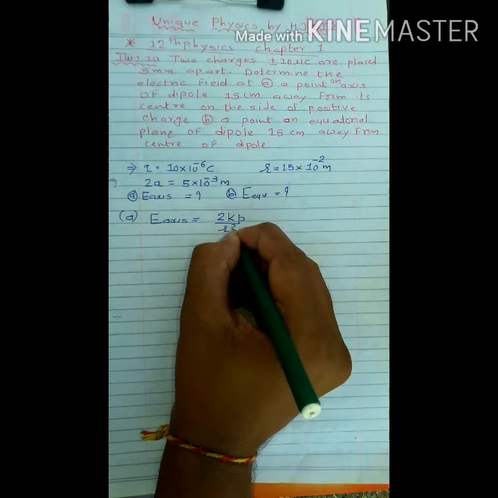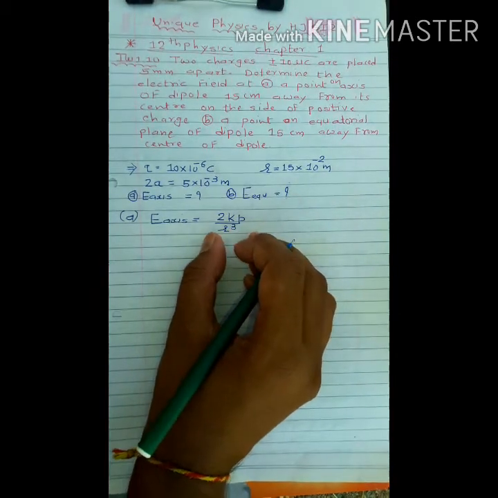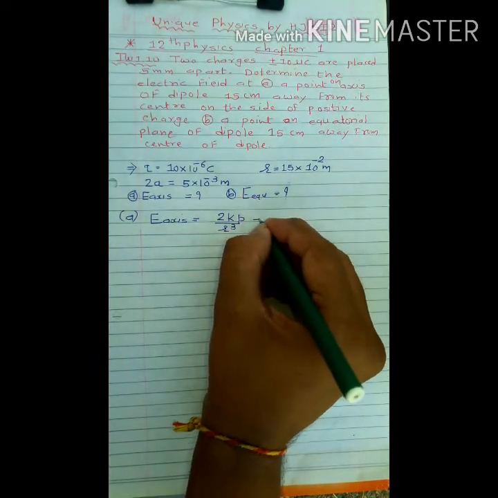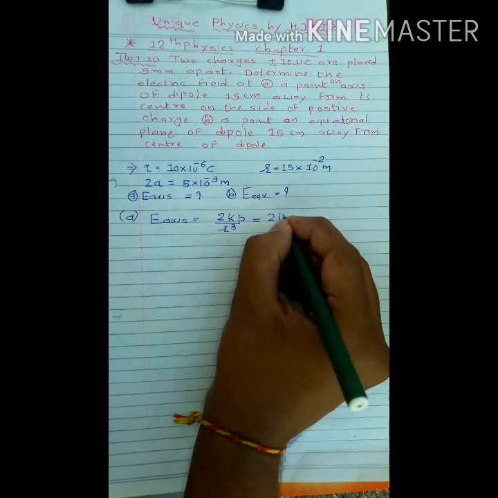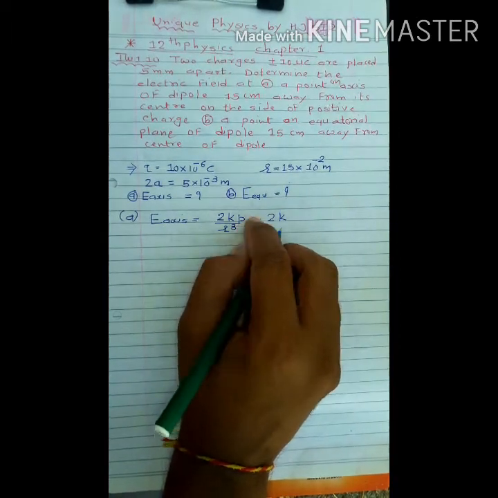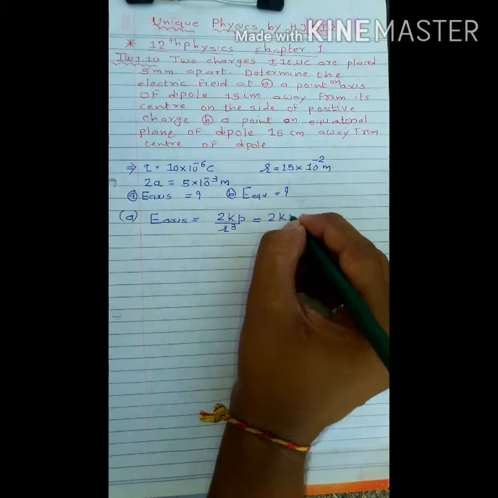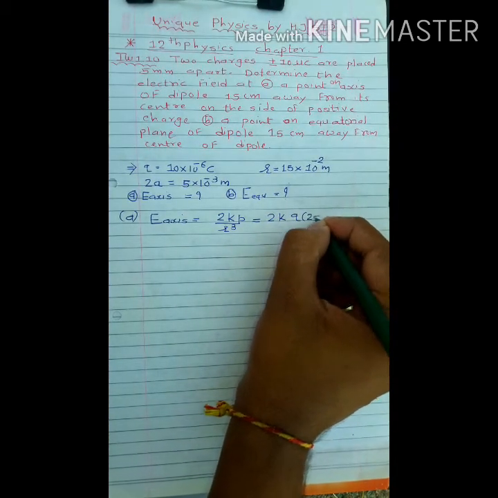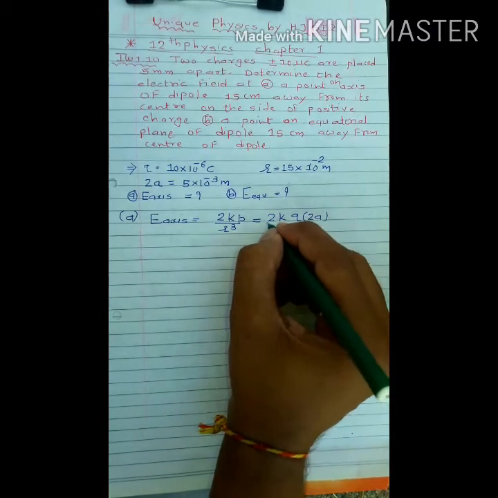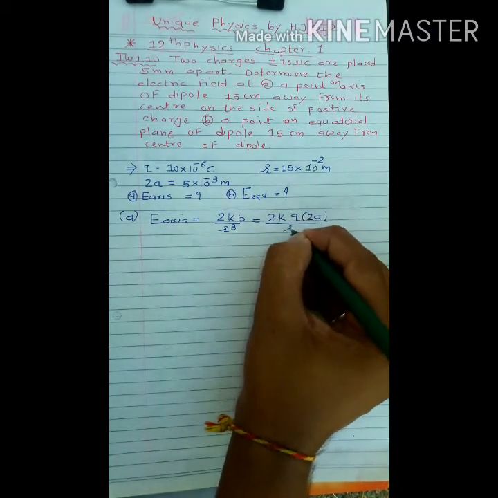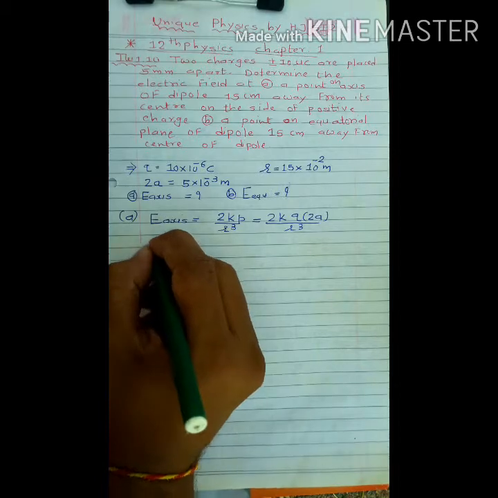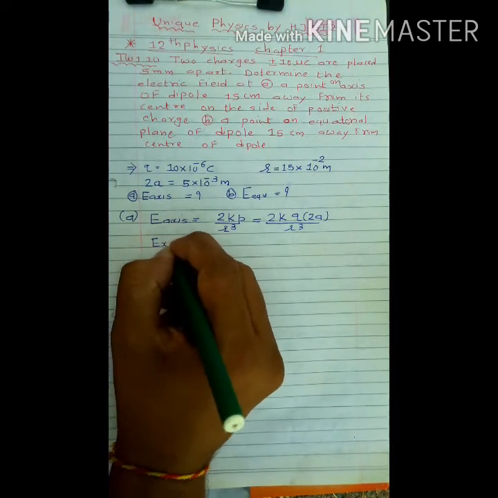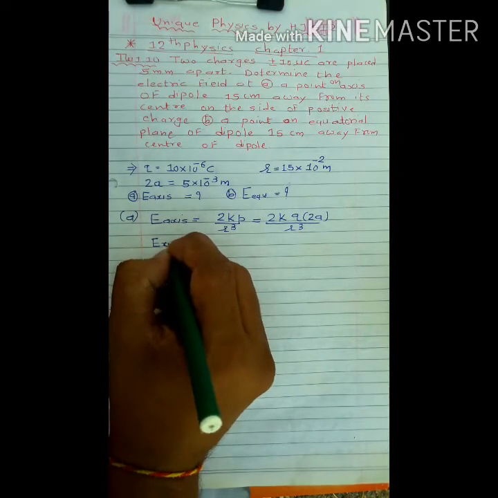Here 2 and k are constants. P means dipole moment, and instead of the symbol p, here we use charge q into distance 2a upon r cube. Now we have all the given quantities, and here we find the electric field on the axis of the dipole.